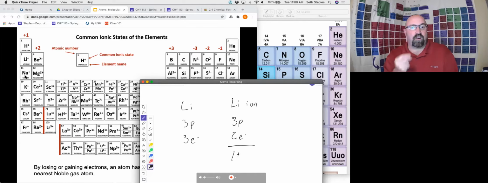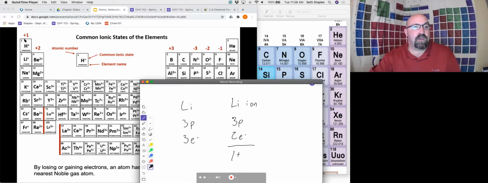Potassium does the same thing. Potassium loses 1 electron to get to 18, to have the same number of electrons as argon, and so on. And so all of the elements in this first column, all of our alkali metals, will lose 1 electron and form a +1 charge.